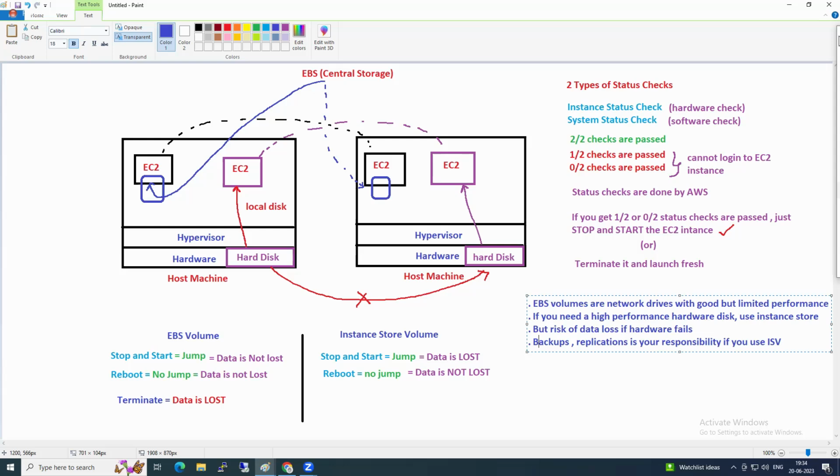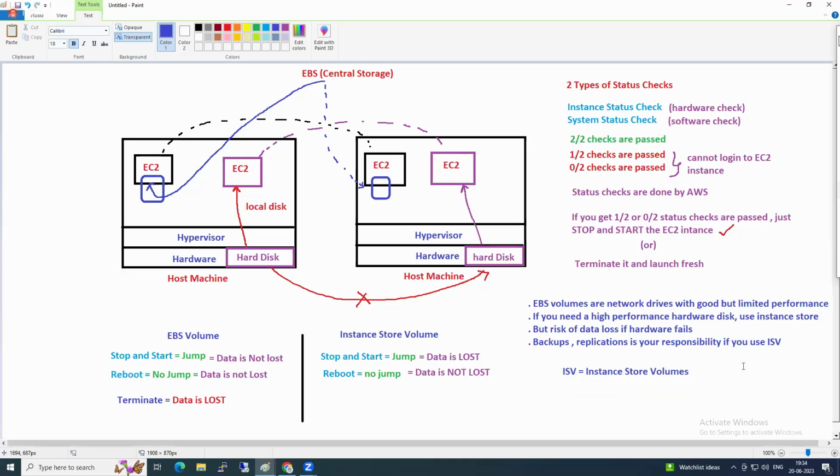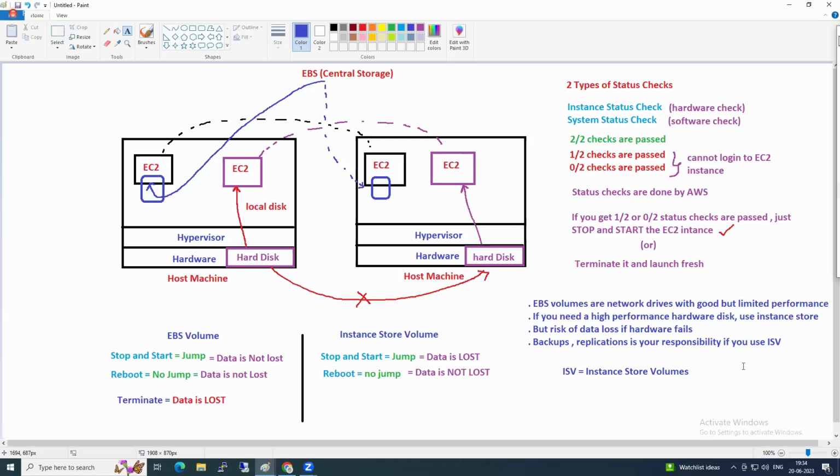Who will be responsible for the backup? Yes, you have to take the backup. If you want to replicate, it's your responsibility. But if you want good performance, go for it. ISV is equal to instance store volumes. Okay? Clear? Any questions?